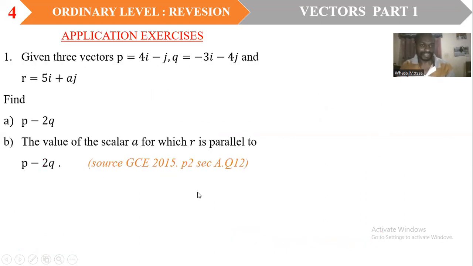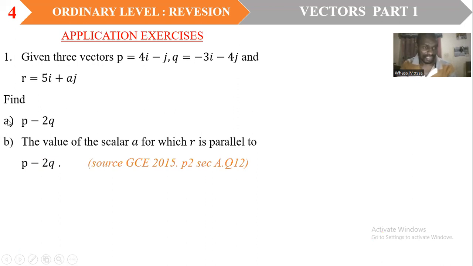Now we move to the third application exercise. This one here, the 3, is just a typing error. Given 3 vectors, p equals 4i minus j, vector q equals negative 3i minus 4j, and vector r equals 5i plus aj.